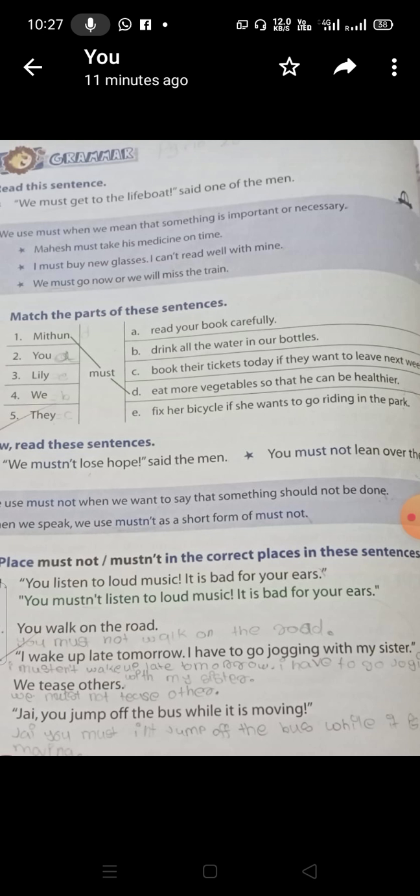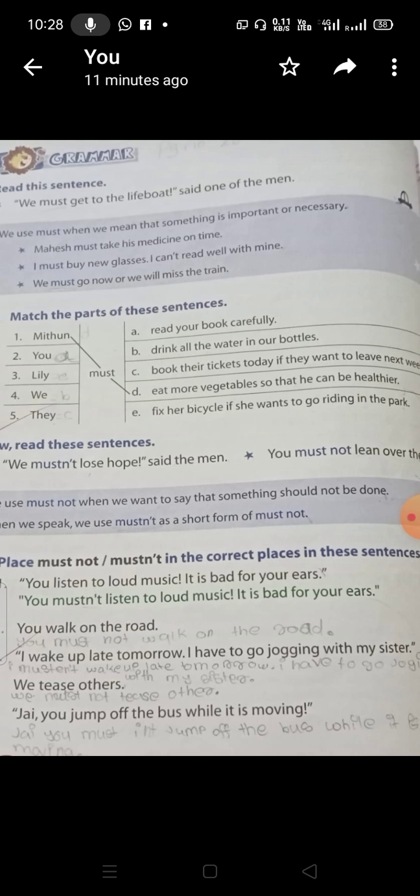We must drink all the water in the bottles. They must book their tickets today if they want to leave next week. These are necessary and important rules. That time we are using must there.